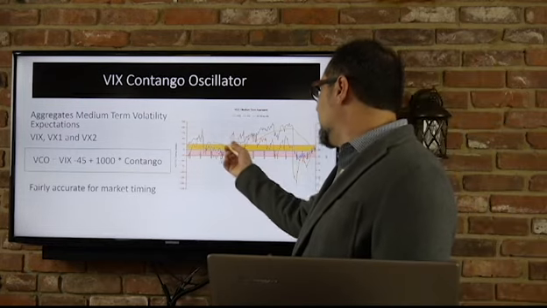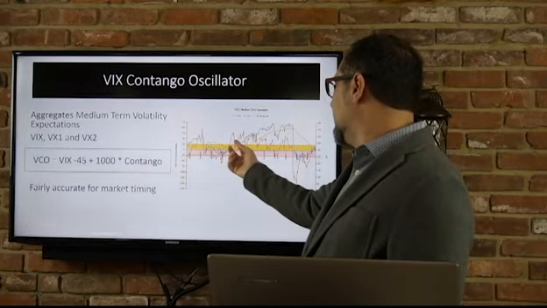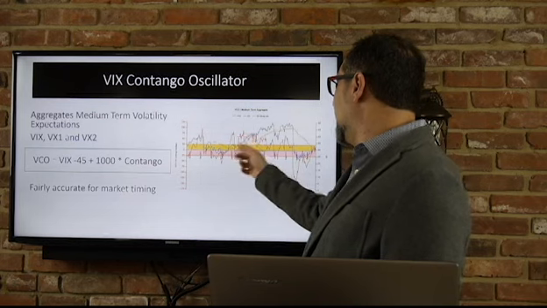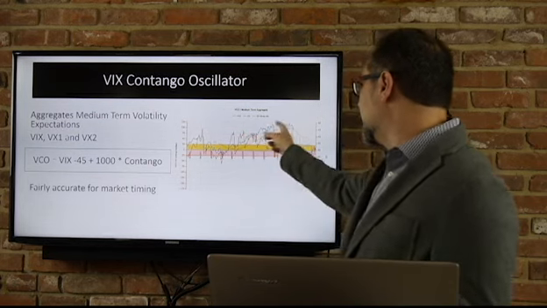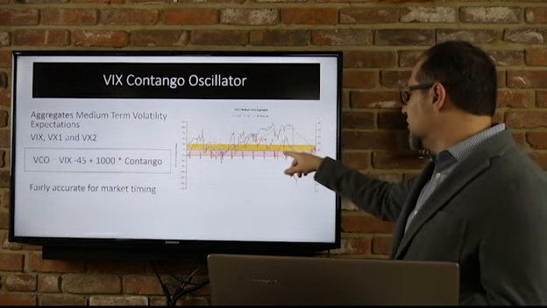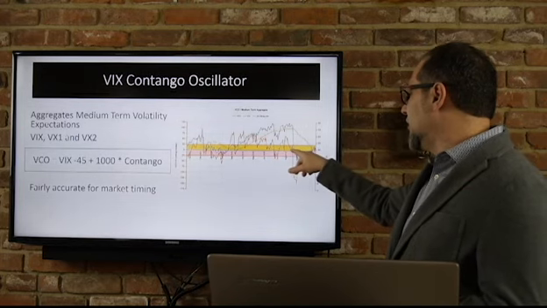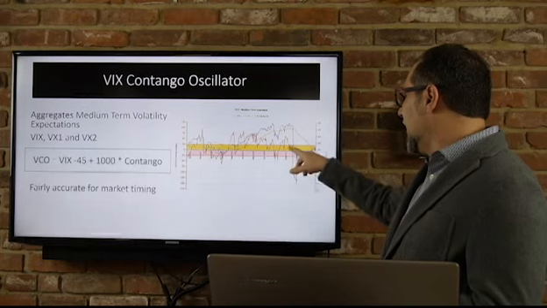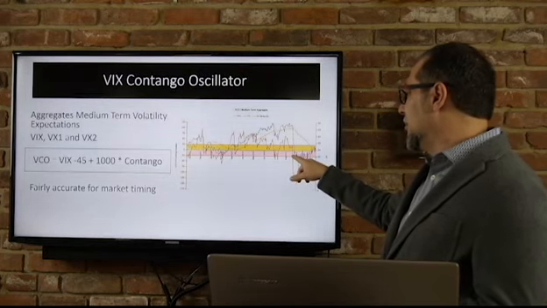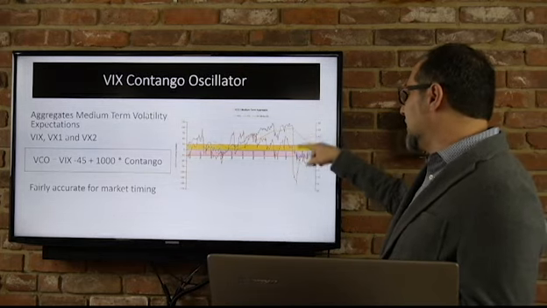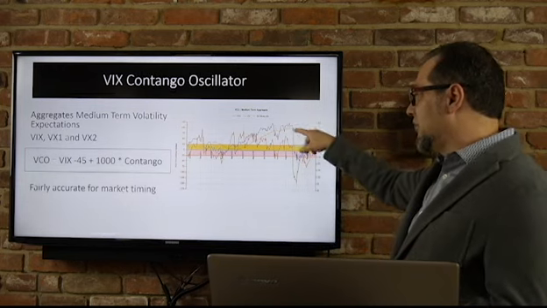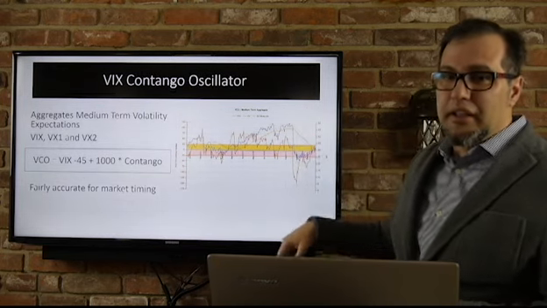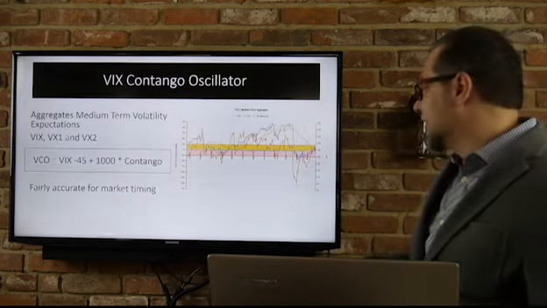And as you can see, in all the periods where the red line here, the VCO, was above 25, you can see how the XIV had a really nice run. And then when the VCO started to dip into the yellow territory, this was a good time to get out, to sell. And then when it dropped down into the red territory below zero, you can see a massive drop in the XIV, and this was also a massive drop in SPX as well.